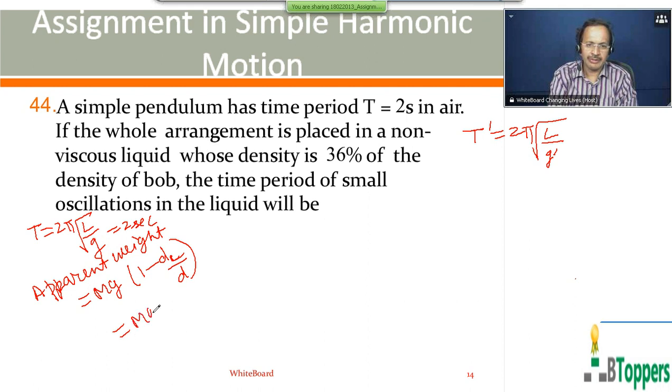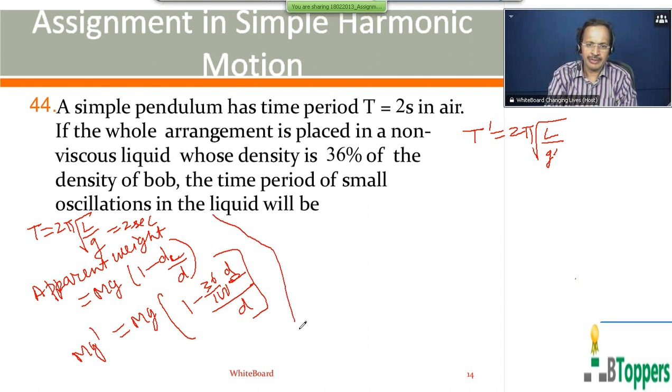Here the density of the liquid is given to be 36% of the density of the material of the bob. So dl can be written as 36 by 100 times d. The apparent weight you can write as mg dash. So you get g dash equal to g into 64 by 100.